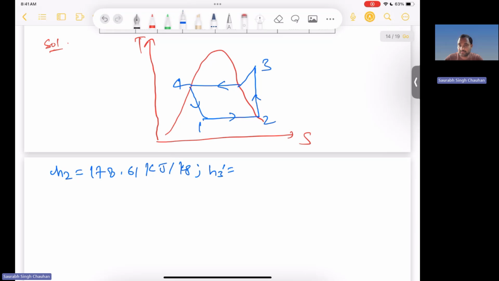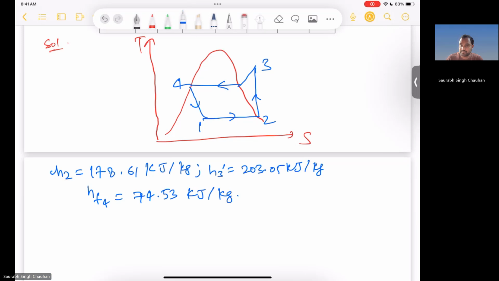H3 for the isentropic case is given to be 203.05 kilojoule per kg. Enthalpy of saturated liquid at 0.4 is given at 74.53 kilojoule per kg. Okay, and this is H1 because 4 to 1 is an isenthalpic process.